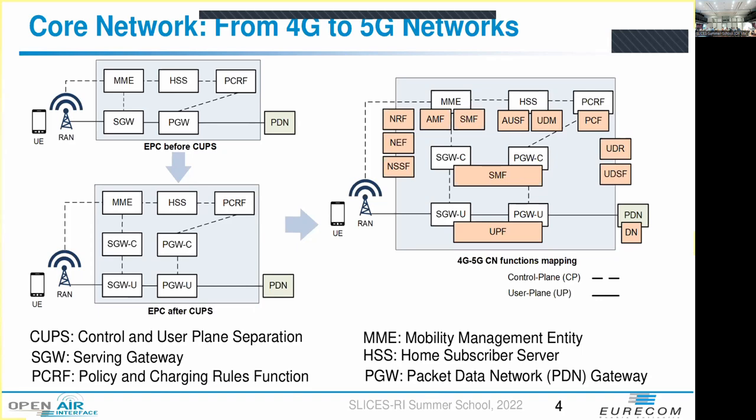So basically you can have the full list of the components in the next few slides, but here you can see that the main functionality of the AMF, the access and mobility management function, comes from the mobility management part of the MME, and the SMF is actually the session management part of the MME, and then the control plane part of the S gateway and P gateway. And UPF is basically the user plane of the S gateway and P gateway.